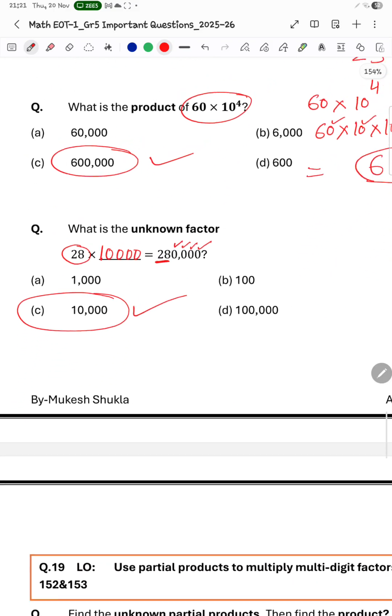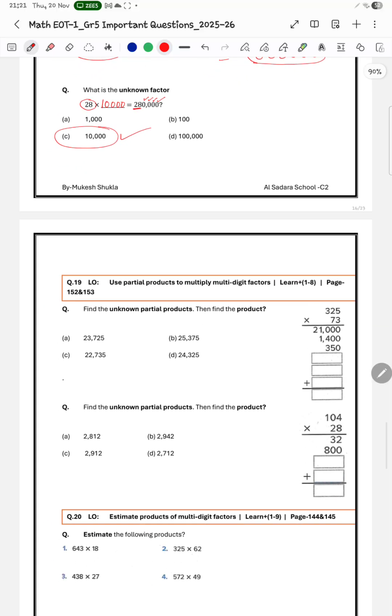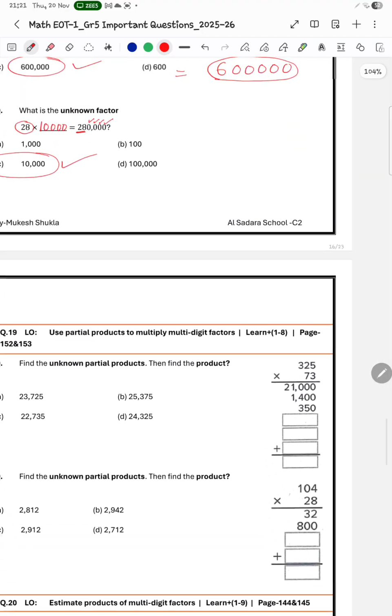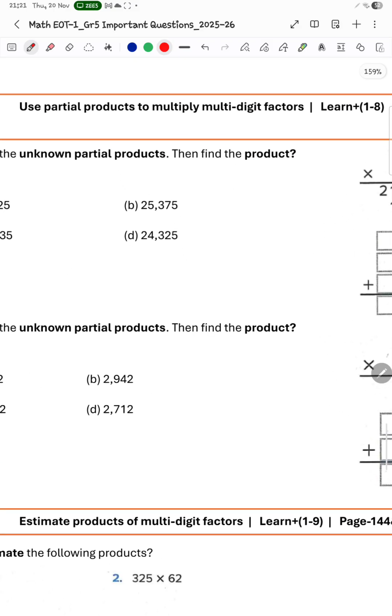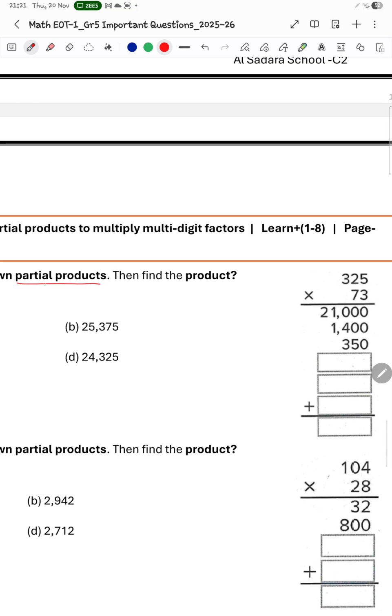Come to the next part. Very interesting. Use partial product to find the product. You will definitely get one question from partial product. I hope that you all will understand if I explain it to you. Right? To get the partial product, always remember to decompose, break the number. So how to break 325?